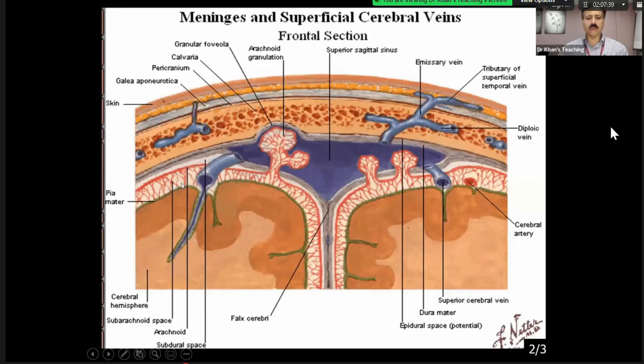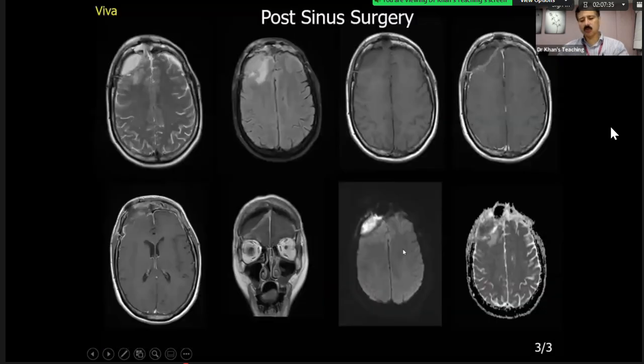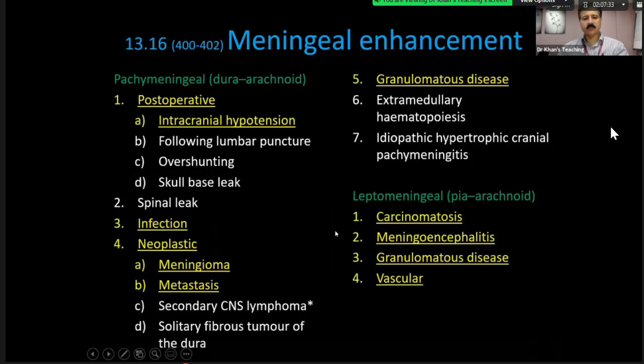These two are very, very important for the exam. Now, with this overview of anatomy, this is from your Chapman, meningeal enhancement. Very, very important for the exam, this differential diagnosis. Pachymeningeal means dura and arachnoid, and leptomeningeal means pia and arachnoid.